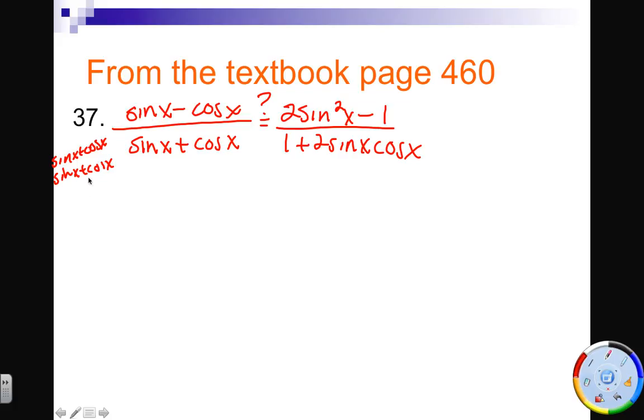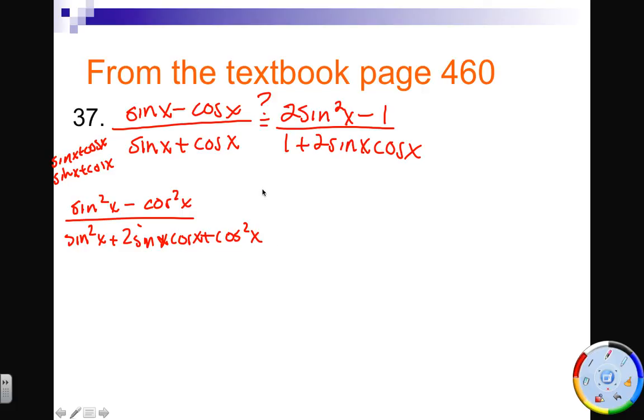So on my numerator, that makes the sine squared x minus cosine squared x, over sine squared x plus 2 sine x cosine x plus cosine squared x.